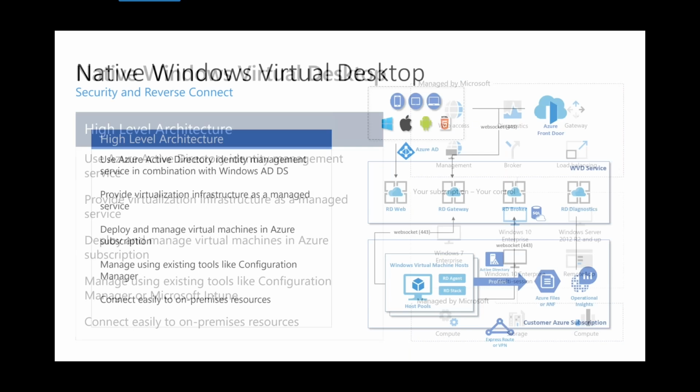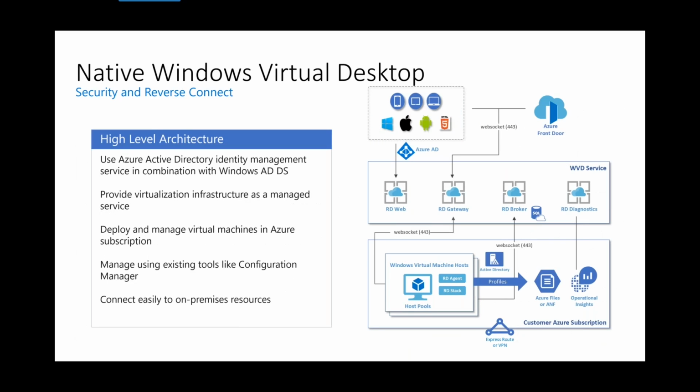And if we look at the way this works, we have hosts down here on the right that live in your subscription or in your environment. These are protected by your security agents, your network, your security posture. And then we load agents on those, just like the VDA agent for Citrix. We have two agents.